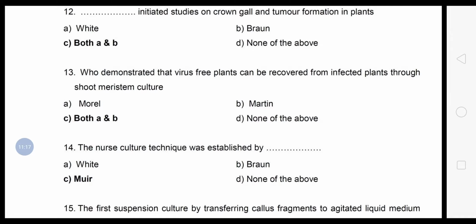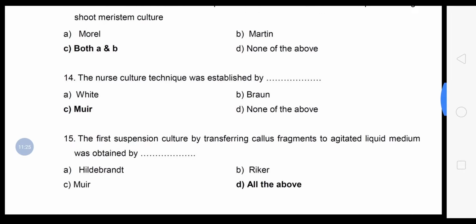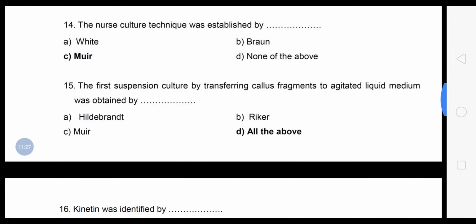The recovery of virus-free plants from infected plants through shoot meristem culture was discovered by Morel and Martin. Nurse culture technique was established by Muir. I repeat, nurse culture technique was established by Muir.